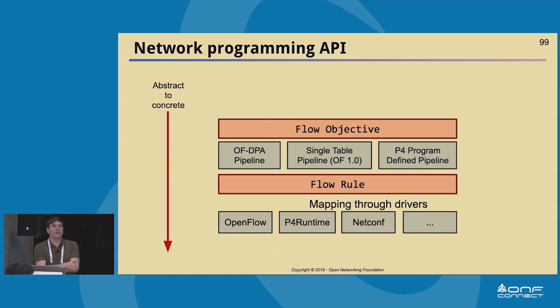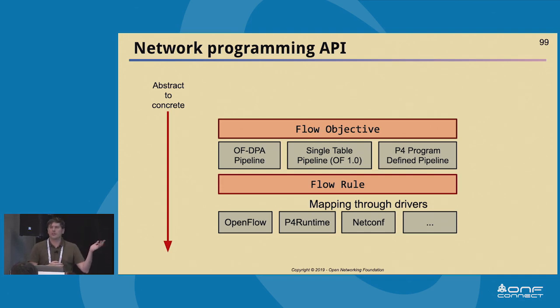The idea is that applications can program the network in a way that is almost independent of the device-specific pipeline. And flow objectives can then be mapped to multiple flow rules by the driver. For example, we have a driver for the OFDPA pipeline.